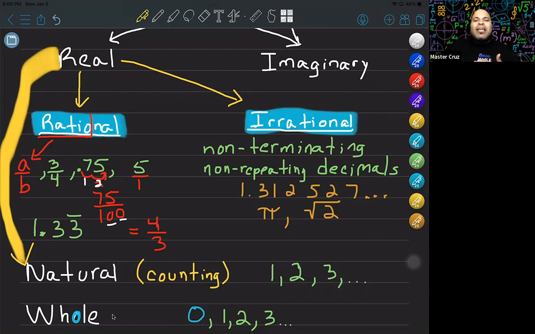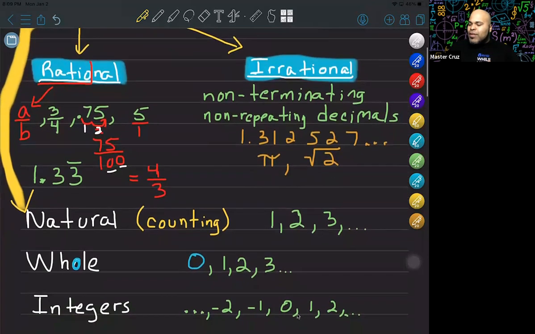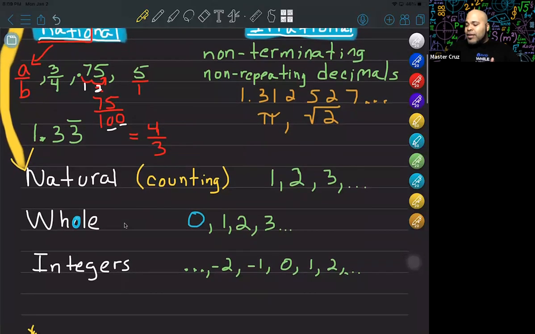How can I represent that? Well, if I take the whole numbers and add the negative numbers to them, I will get the integers. The integers are the set of numbers that have negatives, zero, and positives. All these numbers are rational numbers because they can be expressed as fractions. And they're infinite, all right?